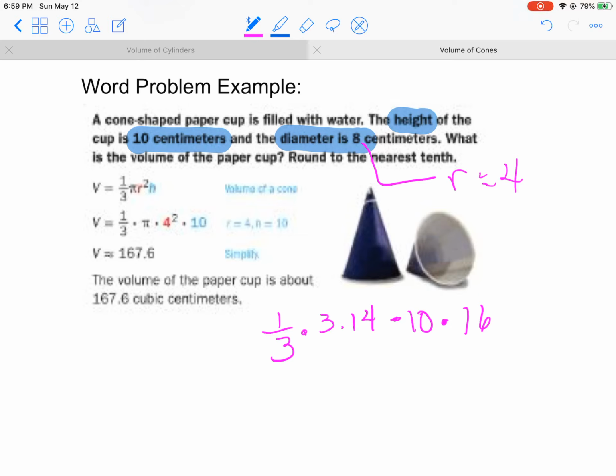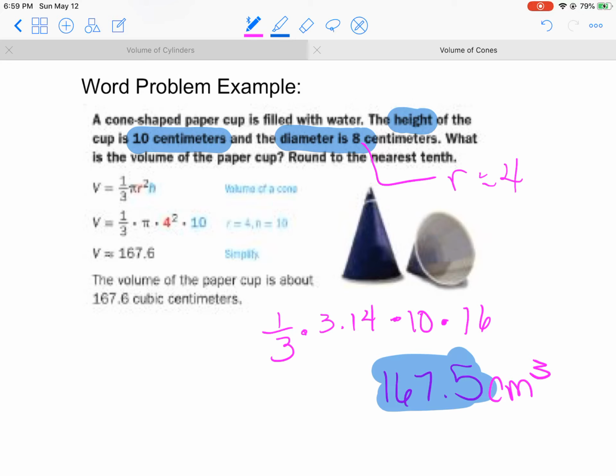So we would do 3.14 times 10 times 16, and then divide that by 3, and we get 167.5 on my calculator. They may have used the pi symbol instead of 3.14. It's fine, as long as you're close. And then that's going to be centimeters cubed.